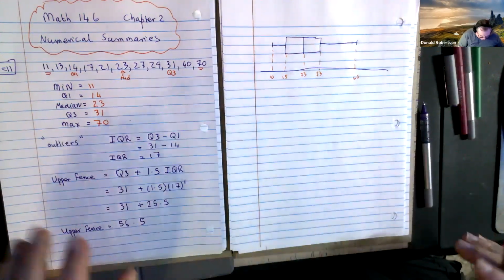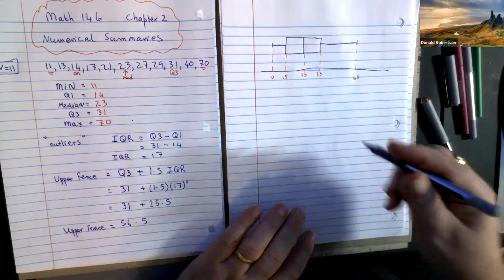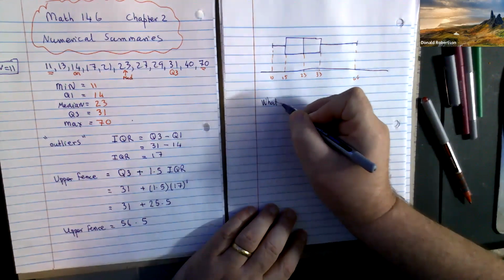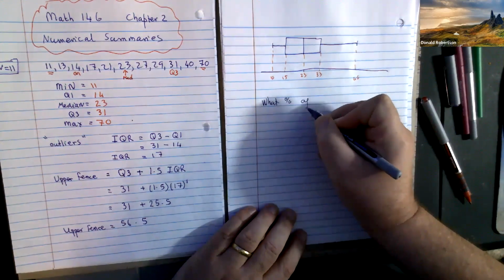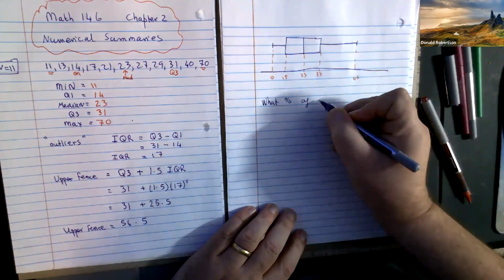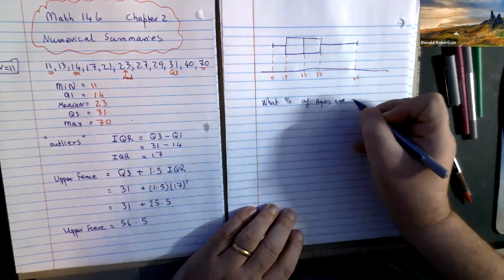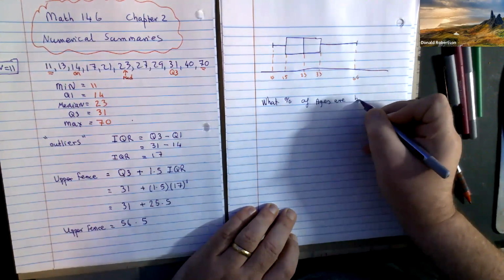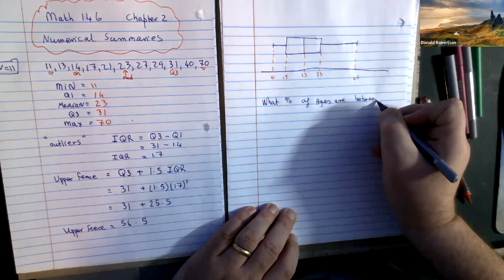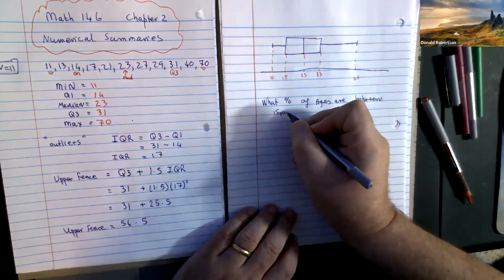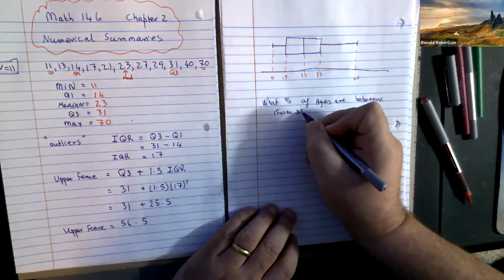Now, if I went and said to you questions like, what percentage of, let's say these are ages. So what percentage of ages are between, and let's pick 15-year-olds to 33-year-olds.